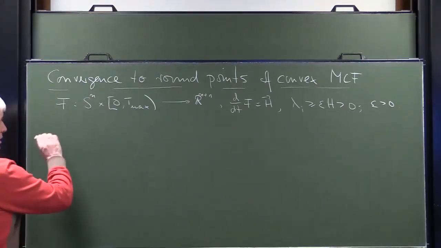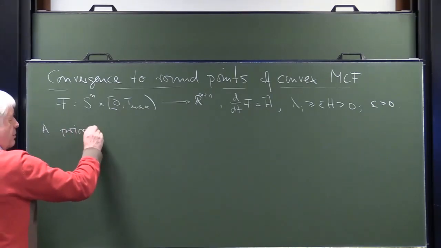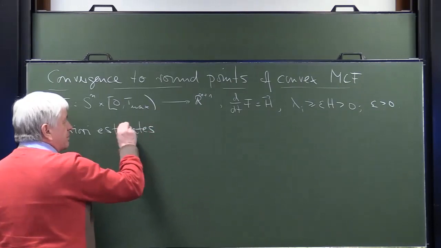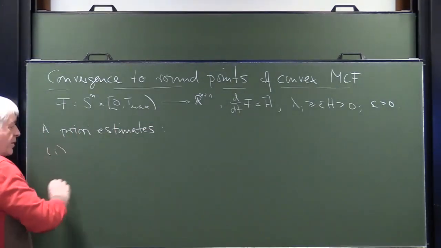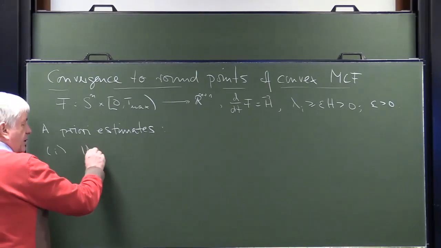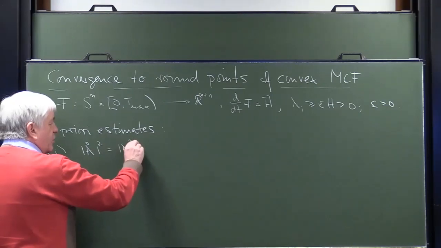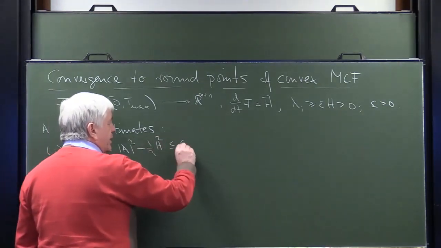And then we had established the two crucial a priori estimates that showed that the surface becomes better during the evolution. First of all, we had shown that the trace-free part of the second fundamental form, so this is the full norm squared minus 1/n H squared, satisfies a pinching estimate.